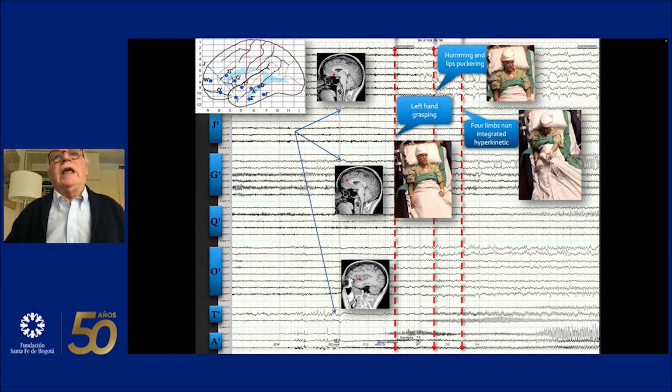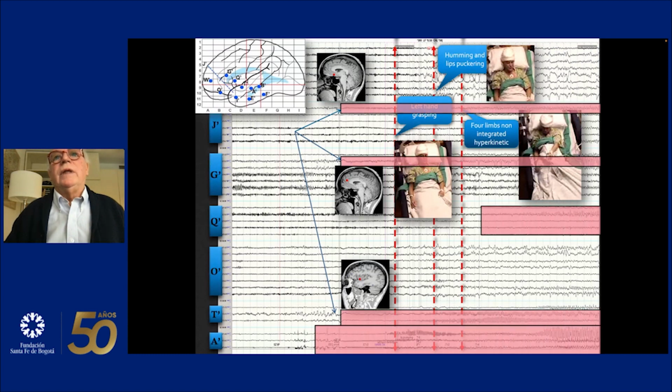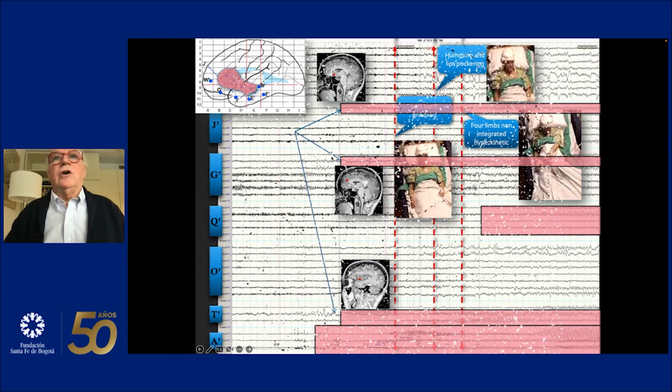And so you can see now that when she starts with the left hand grasping, humming, volitional, integrated, hyperkinetic, you see that the seizure is developing in the temporal and in the frontal and insular and cingulate cortex at the same time. And so as you see on the top left, you see the trajectory of the discharge from the temporal to the frontal cortex.